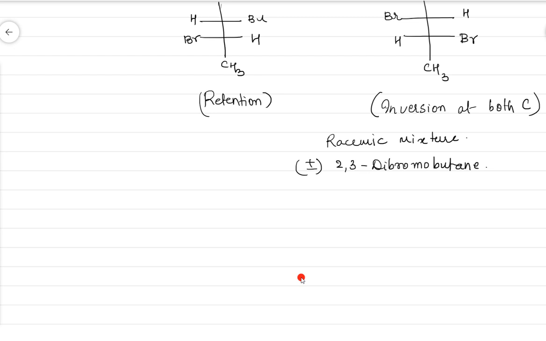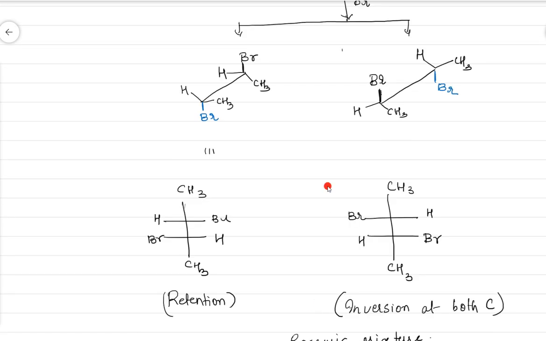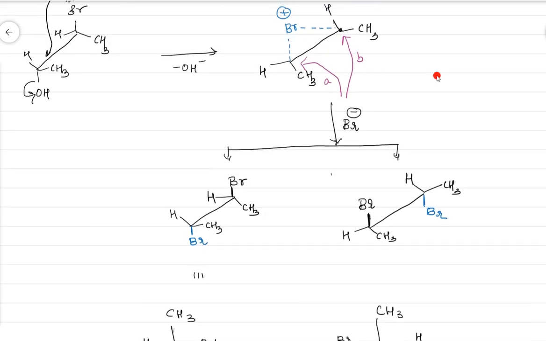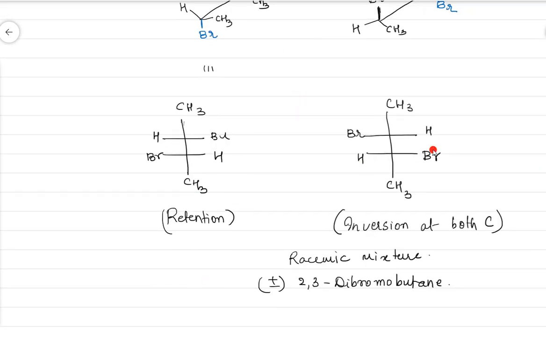So what are the key points here? First, there is a formation of a cyclic intermediate. This is the cyclic intermediate. In all NGP reactions, there is always formation of a cyclic intermediate because of the attack of the electrons by the neighboring group. And two products are formed, one with the retention of the configuration, and the second one formed by inversion of configuration at both the carbons.